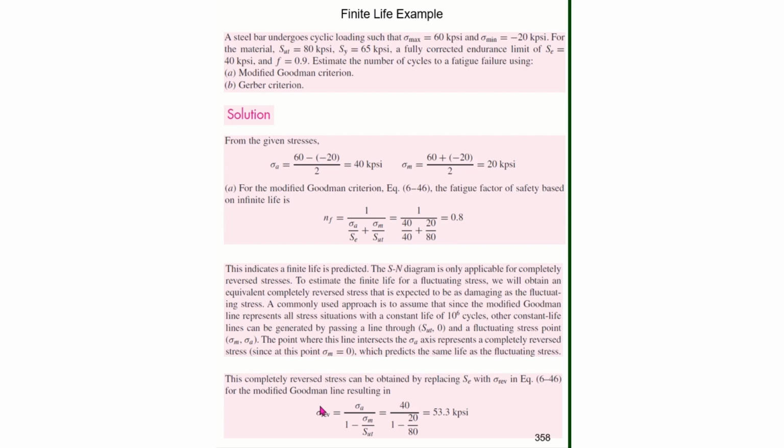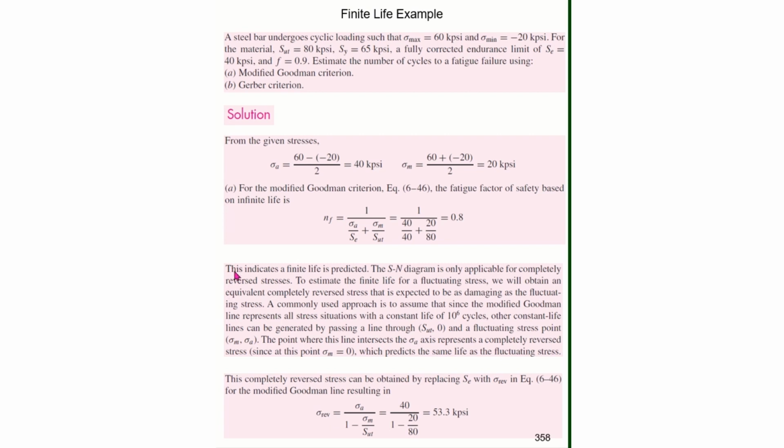Now in the 11th edition of the textbook, sigma rev here is called sigma AR. So you will see sigma AR in your text, and it is the same as this sigma rev here.